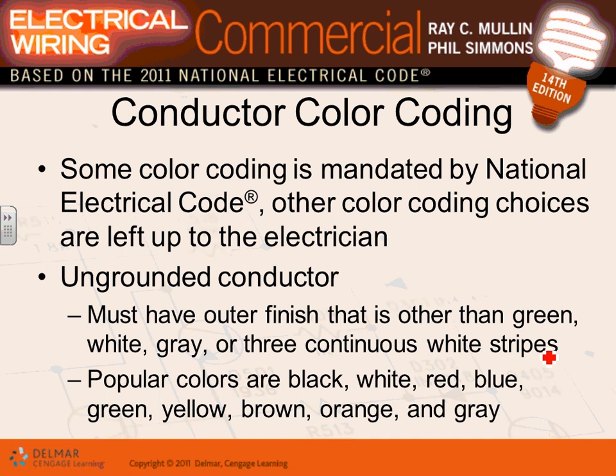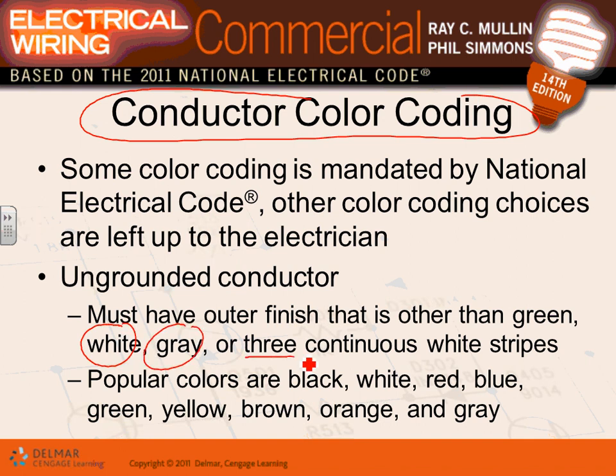The NEC code book, guys, mandates certain color coding for conductors. Changing in 2014, for the ungrounded conductor, you can use anything that is not white or gray or three white stripes. So let's go through the color coding.